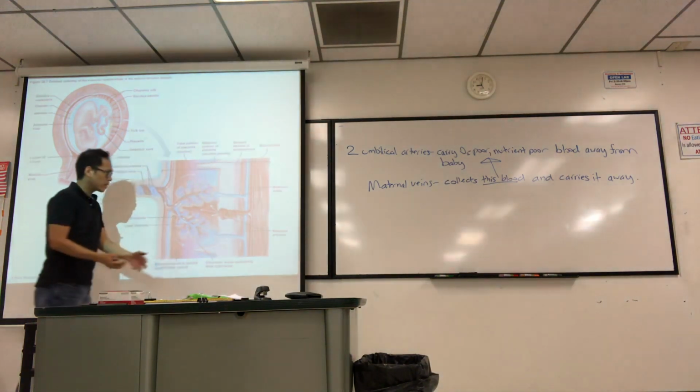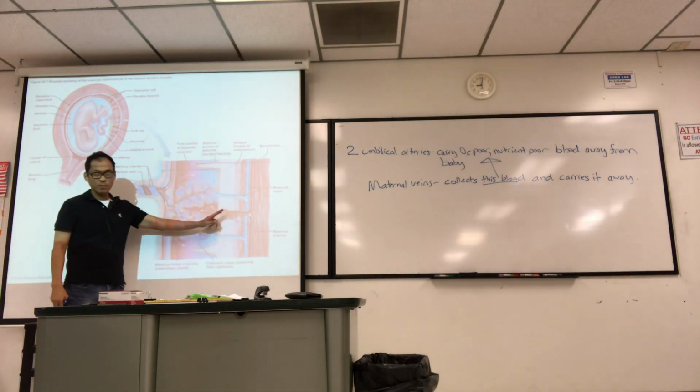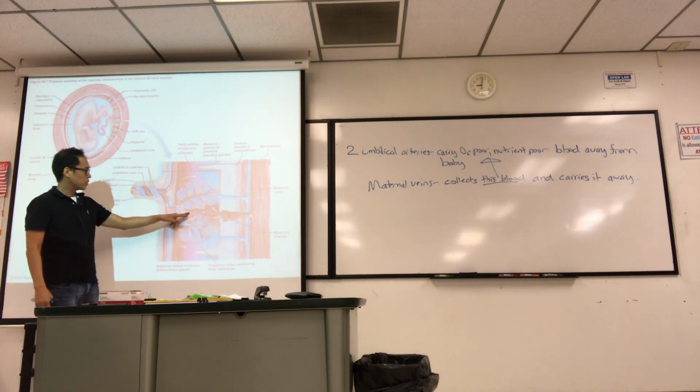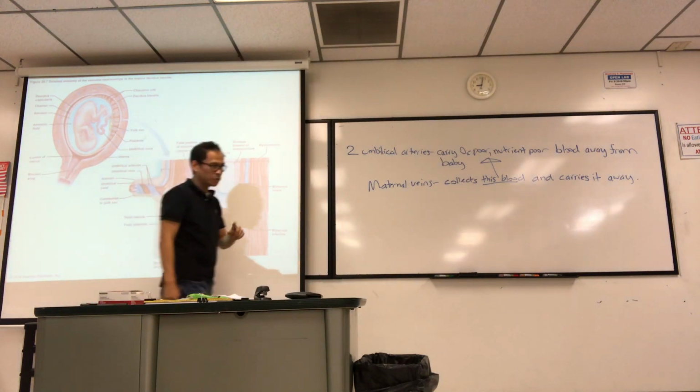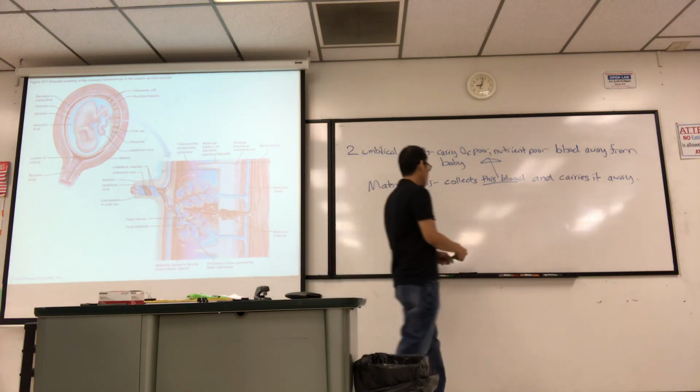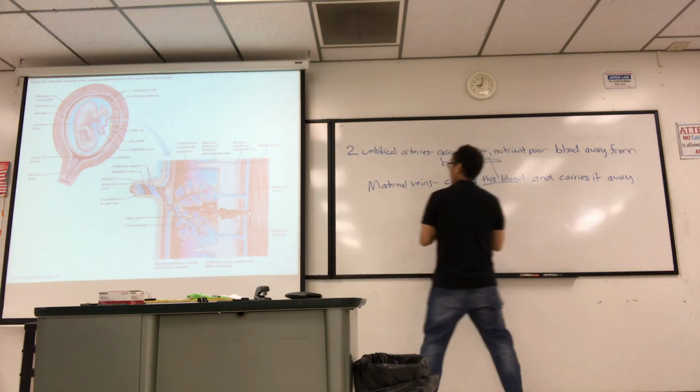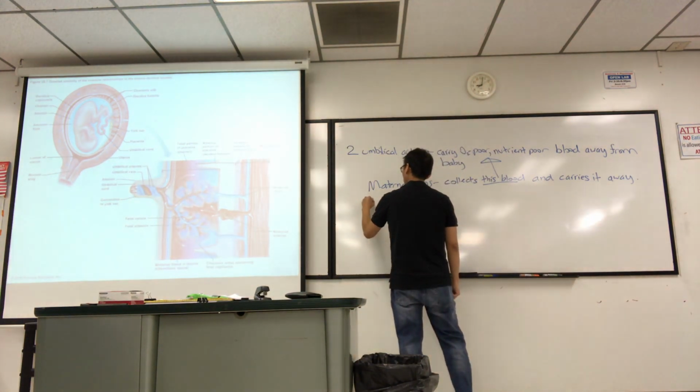So what is delivering the goods? Maternal arteries, spiral arteries. They're taking oxygen-rich, nutrient-rich blood to the placenta, to the lacuna. So I'll use red.